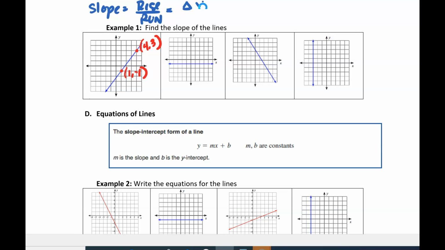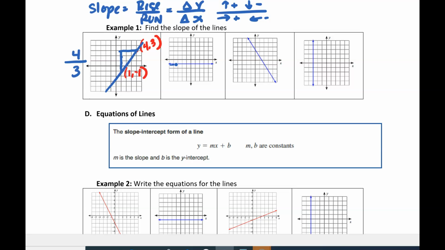This triangle means change in y over change in x. So up is positive, down is negative, right is positive, left is negative. I'm going to draw a triangle and count 1, 2, 3, 4. So I go up 4 and over 1, 2, 3. So my slope here is 4/3, and then I just double check that the line should be positive, and it should because it's going up from left to right.